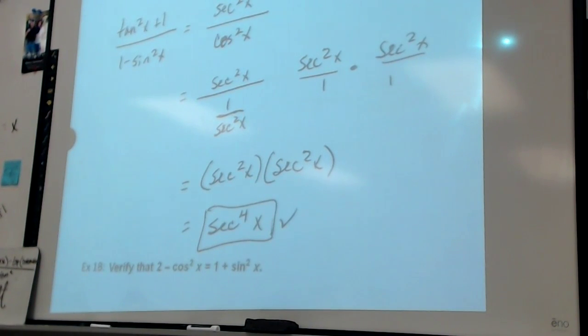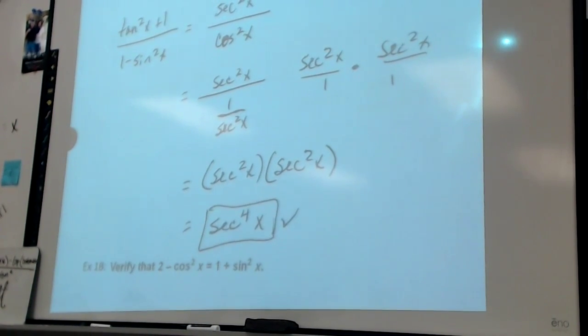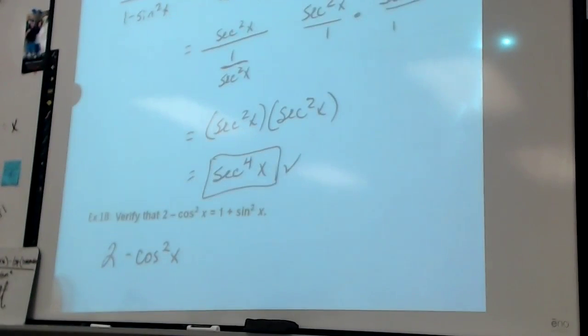Okay, 1b, verify that 2 minus cosine squared x equals 1 plus sine squared x. Okay, you can really start with either side, but I'm going to start with the 2 minus cosine squared x. So somehow I've got to get it to this.